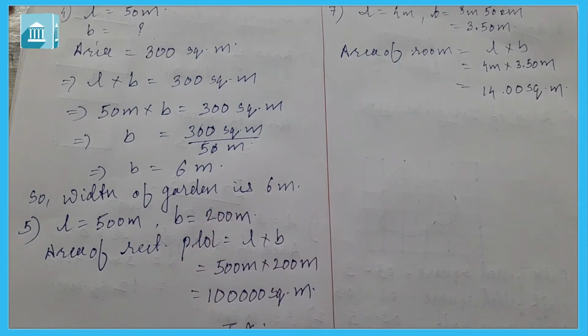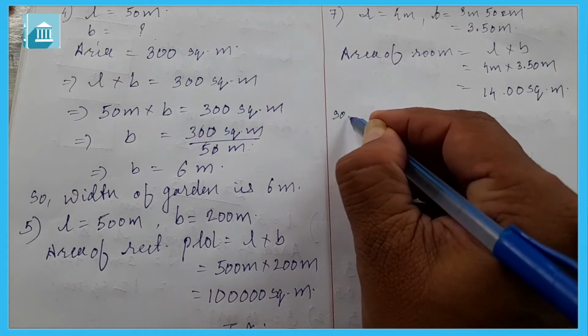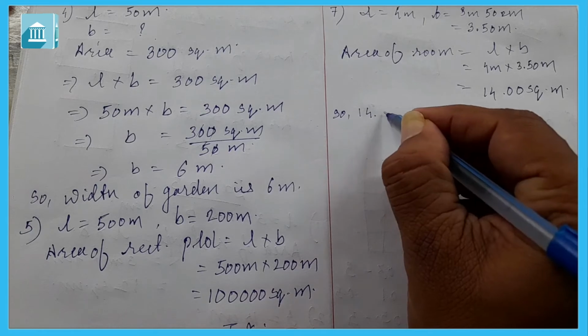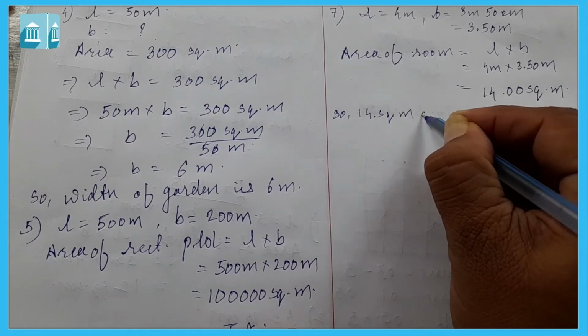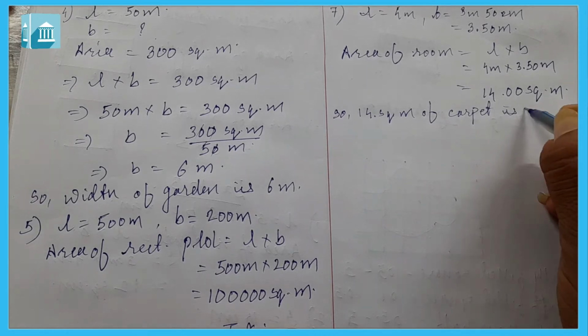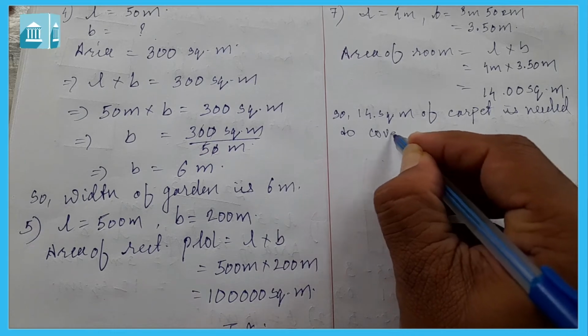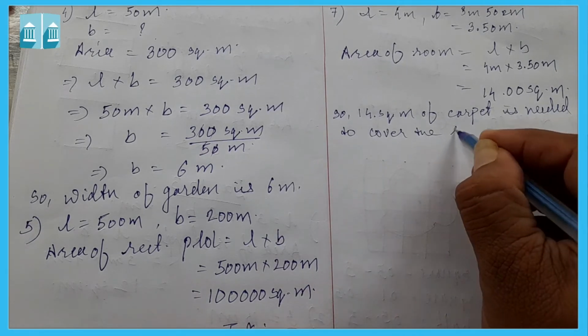So 14 square meter of carpet is needed to cover the floor of the room.